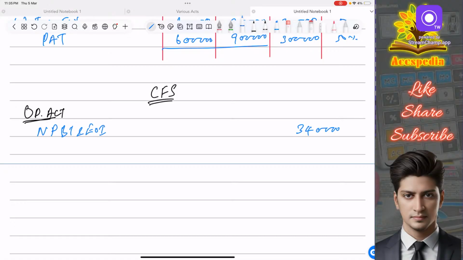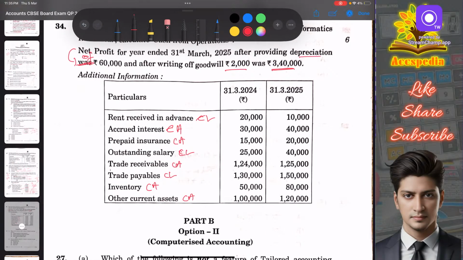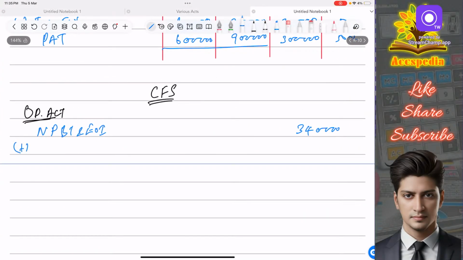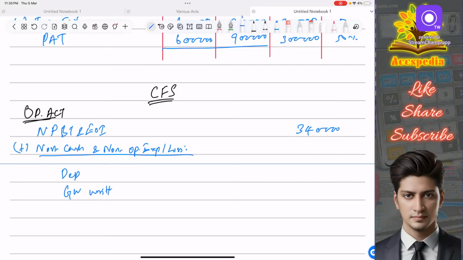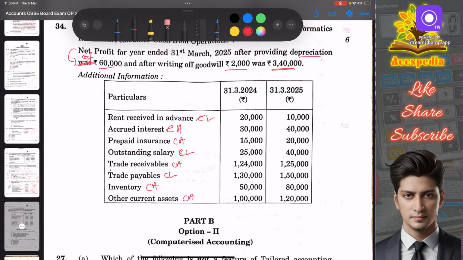There is no information regarding tax or dividend. After that, add non-cash and non-operating expenses or losses. We have two: one is depreciation, another is goodwill written off. Depreciation 60,000, goodwill 2,000 written off.